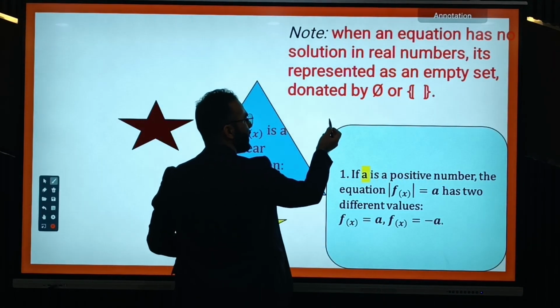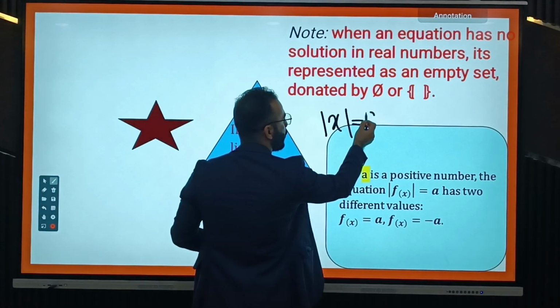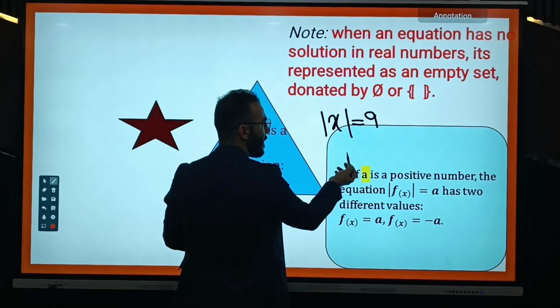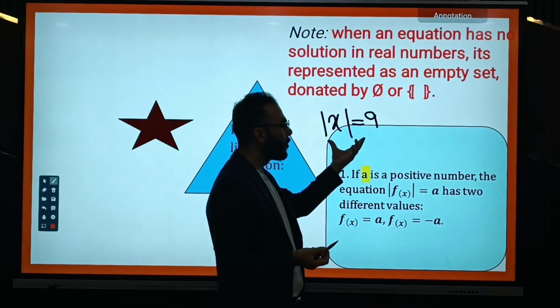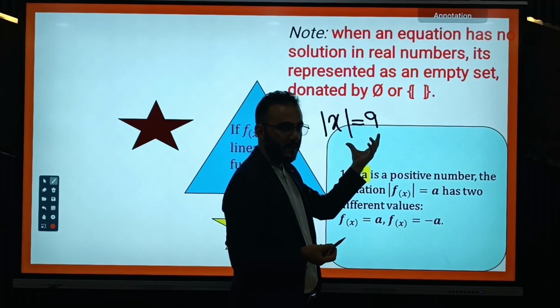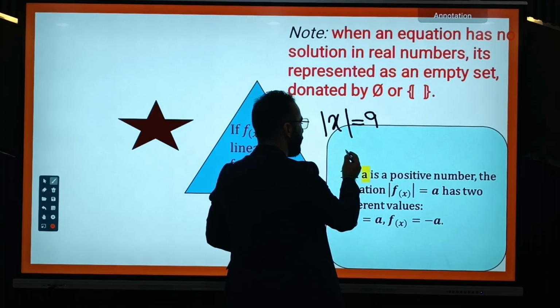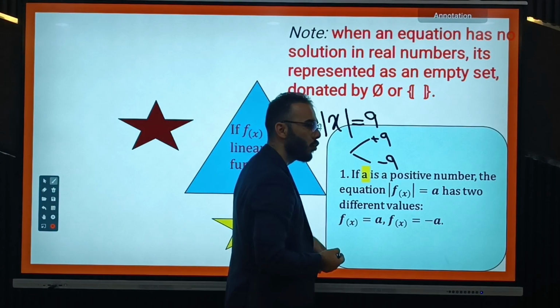Imagine if we have the absolute value of x equals 9. Our linear function is x, and our a is positive 9. So the solution set can be both positive 9 and negative 9. Why?